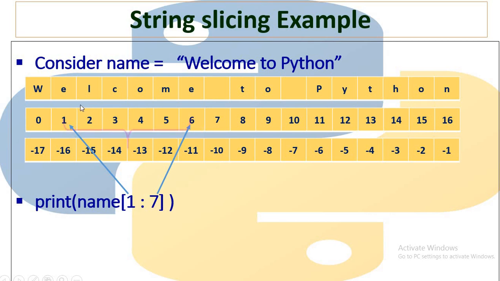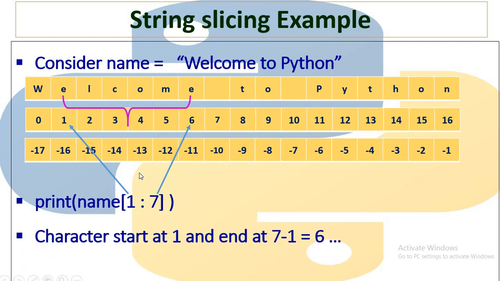In 1 to 6 what are the characters? E, L, C, O, M, E. So the character starts at 1 and ends at 7 minus 1, which is 6. So the output of this code is ELCOME. This is a small example of slicing.